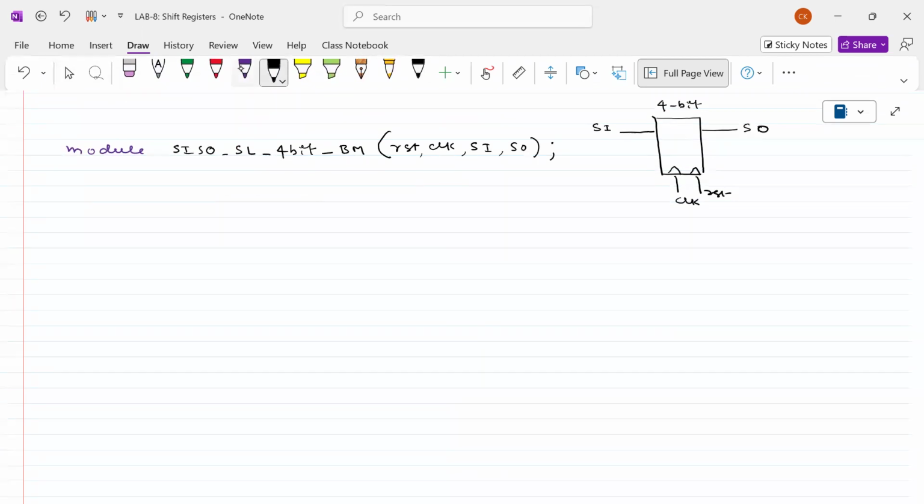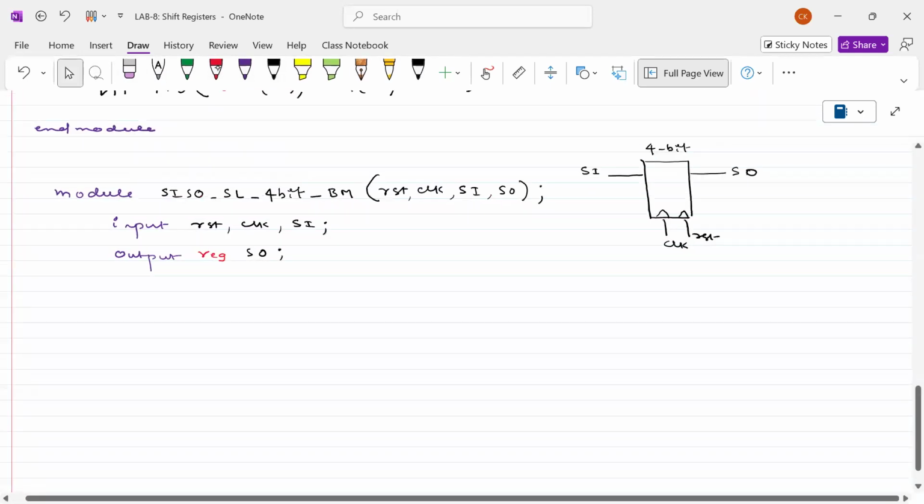Okay. Now inputs again: RST, clock, serial in. Output, serial out. Since I'm writing this one in behavioral, I'm going to write it in the register data type. Okay, right.